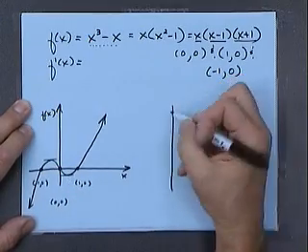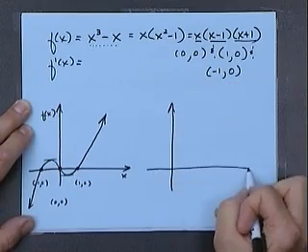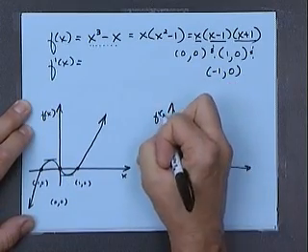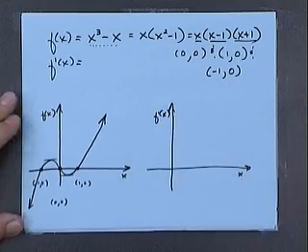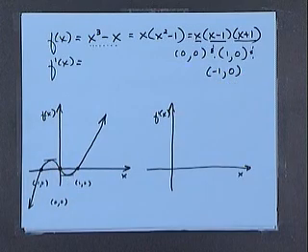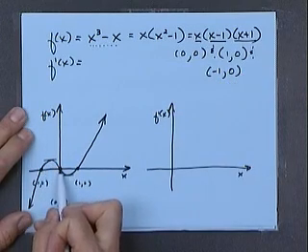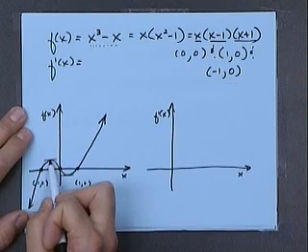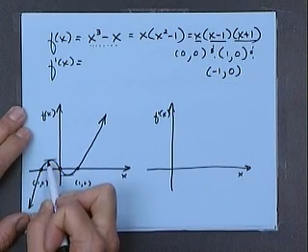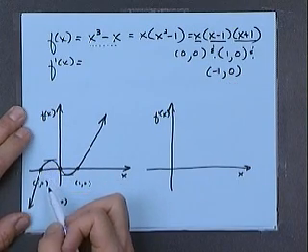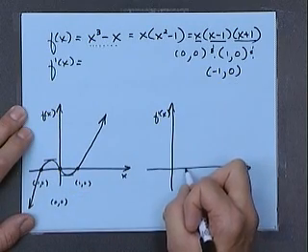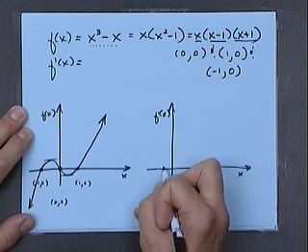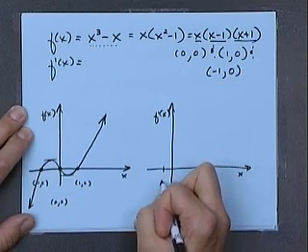Could we come up with a graph of the derivative even though we don't have an equation for the derivative? I think we can. Somewhere between negative 1 and 0, this graph reached its peak, right? Right now we'll call it something.